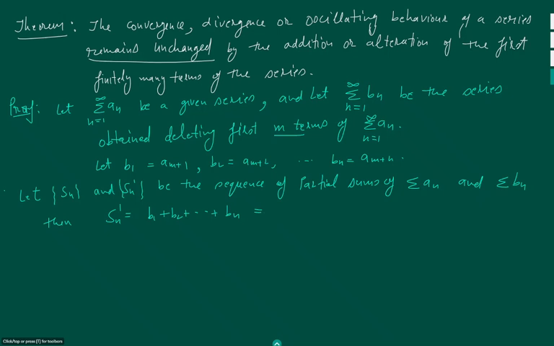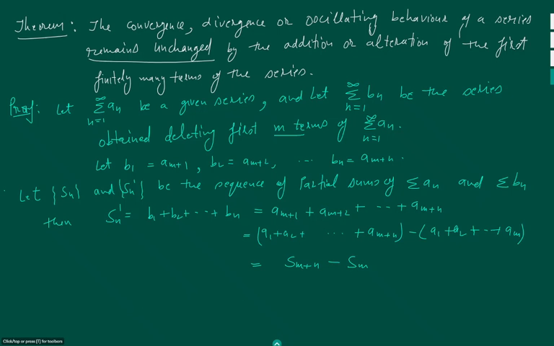This is the sum of the first n terms of the series bn, and this would be equal to a(m+1) plus a(m+2) up to a(m+n), and this can be written as a1 plus a2 plus a3 up to a(m+n), minus a1 plus a2 plus a3 up to am, and this is equal to the sum of the first m plus n terms of the first series minus the sum of the first m terms of the first series.